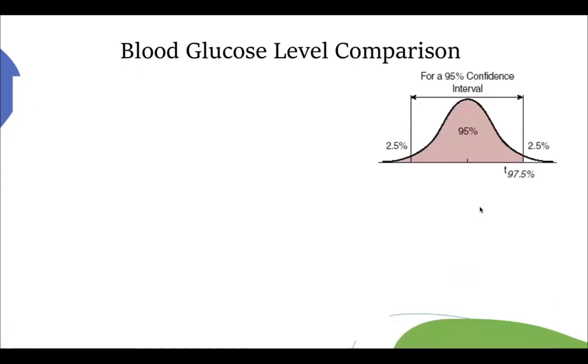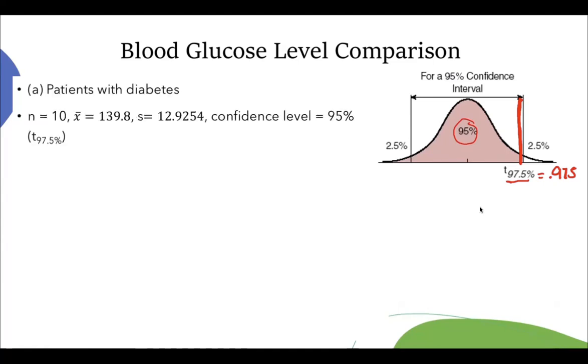So for a 95% confidence interval, when you block off the middle 95%, the area to the left of this vertical line is 97.5%, which as a decimal is 0.975. And we use this in inverse t to figure out what that actual t-score is, so it could be plugged into the formula. So we go to inverse t on the calculator.